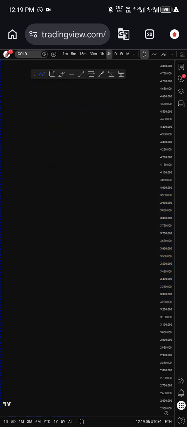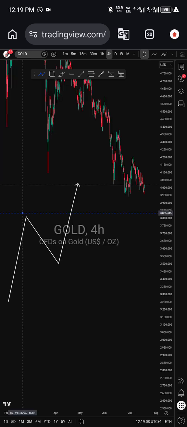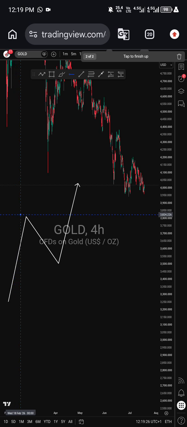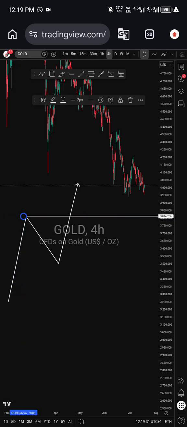For this correction, sometimes the correction can go long, it can be short, it can be deep, it can be a minor, it can be a major sometimes. Sometimes, above the indication, the correction can be like this.